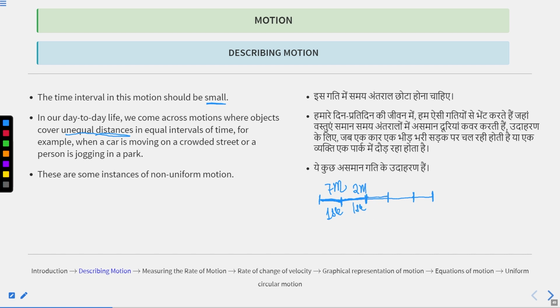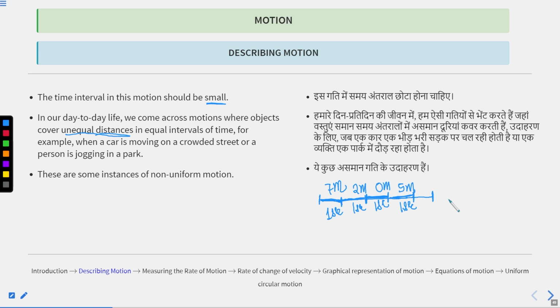Then there was a stop sign and you had to stop there, so you covered 0 meter in 1 second. Then you picked up pace again and covered 5 meter in 1 second. This type of motion is very common in our day to day life. And this type of motion, where an object covers unequal distance in equal interval of time, is known as non-uniform motion.